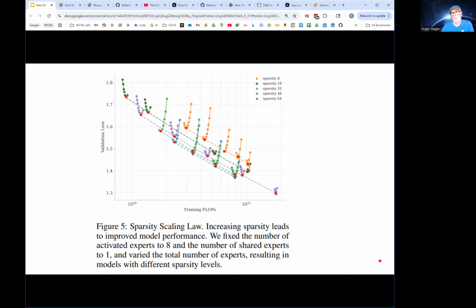From my understanding, I just posted in the chat there a little diagram of the difference between Kimi and DeepSeek architecture. Oh, nice. Another little blog, but the general feeling that I got when reading about what they were doing with the architecture was: let's take DeepSeek because we know it works, and then change as few things as possible, only in the direction that we decide to change them.